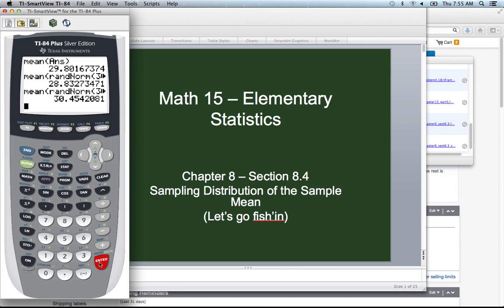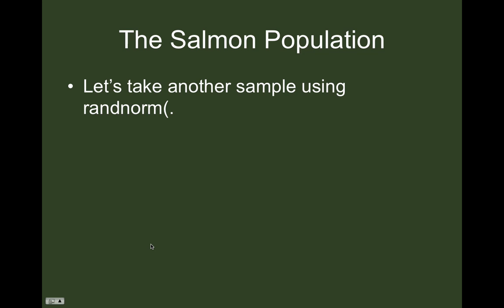I could continue to collect these sample means. Remember, here's the question we're trying to address. What's x bar's distribution? Because if I'm going to calculate a p-value, this is what I need. I need the distribution.